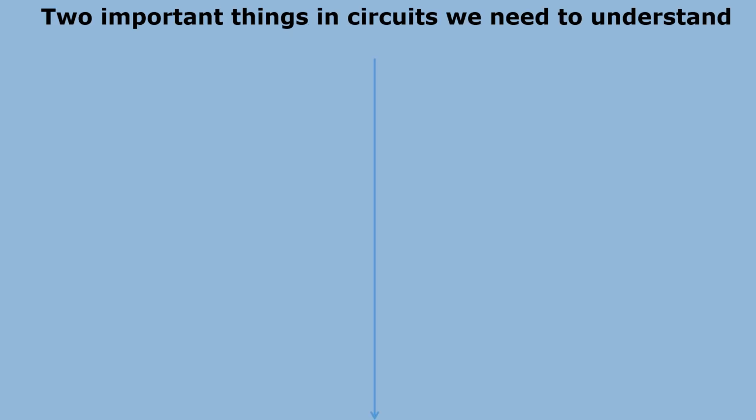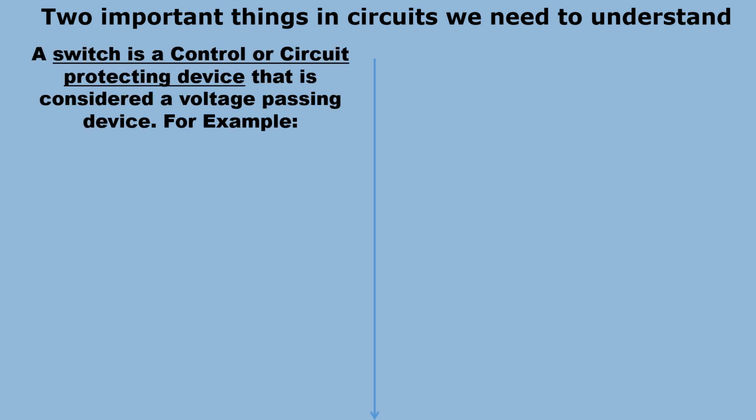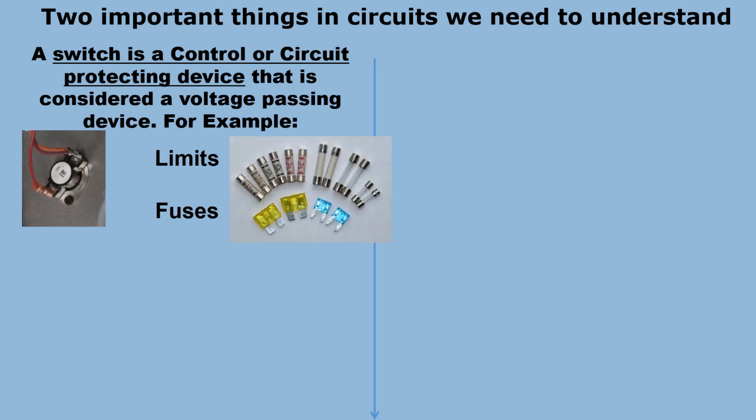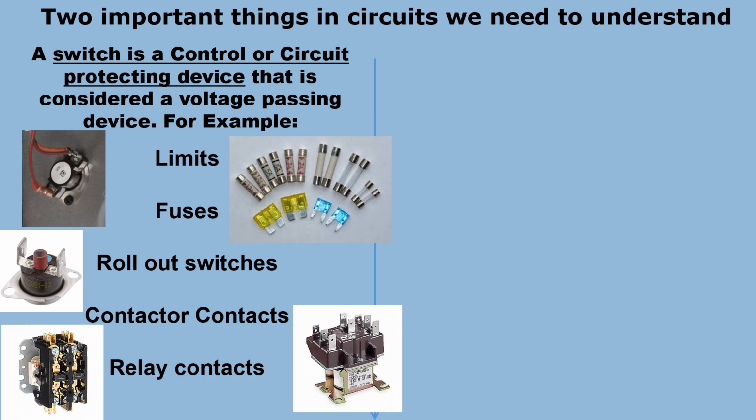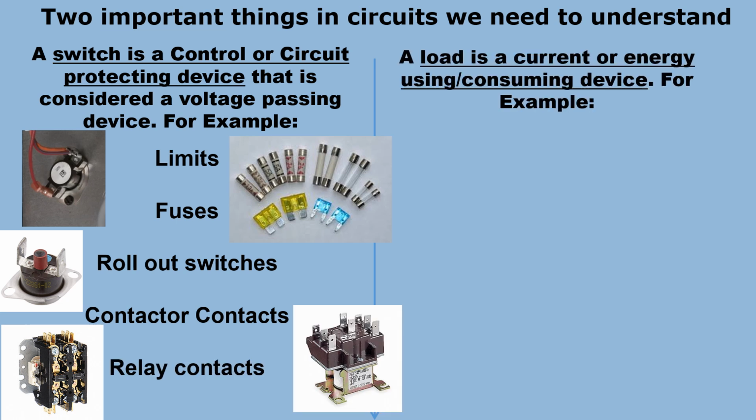Two important things in circuits we need to understand. A switch is a control or circuit protection device that is considered a voltage passing device. For example, limits, fuses, rollout switches, contactor contacts, relay contacts.